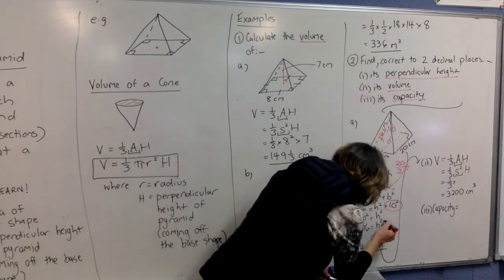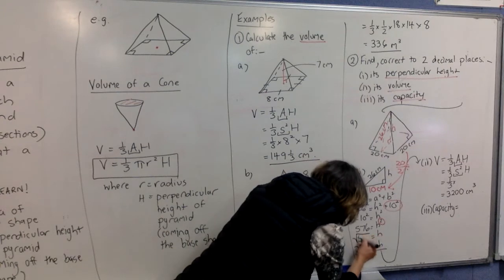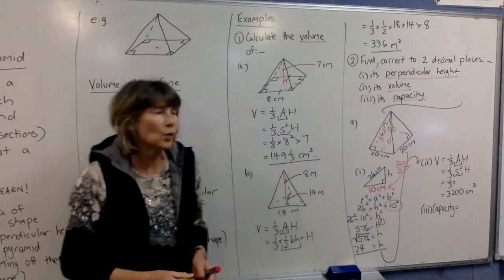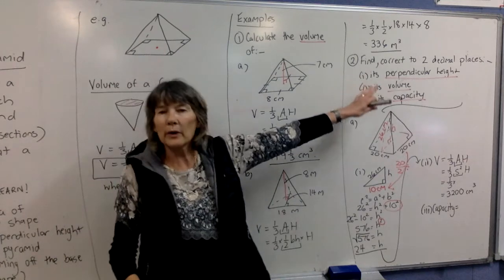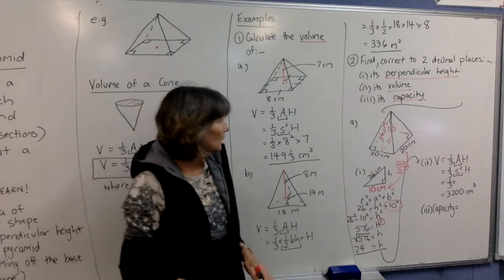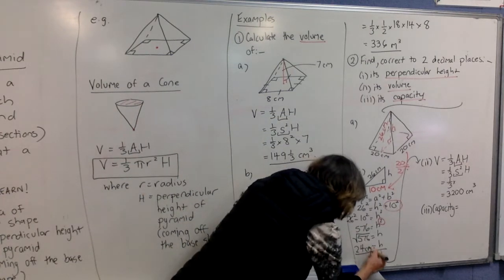We're now going to get rid of our squared by square rooting over here. Do the opposite. And that gives you exactly 24. So don't worry about the 2 decimal places if it's giving you a whole number. Just leave it. Okay, we might write the units on that as well, centimetres.